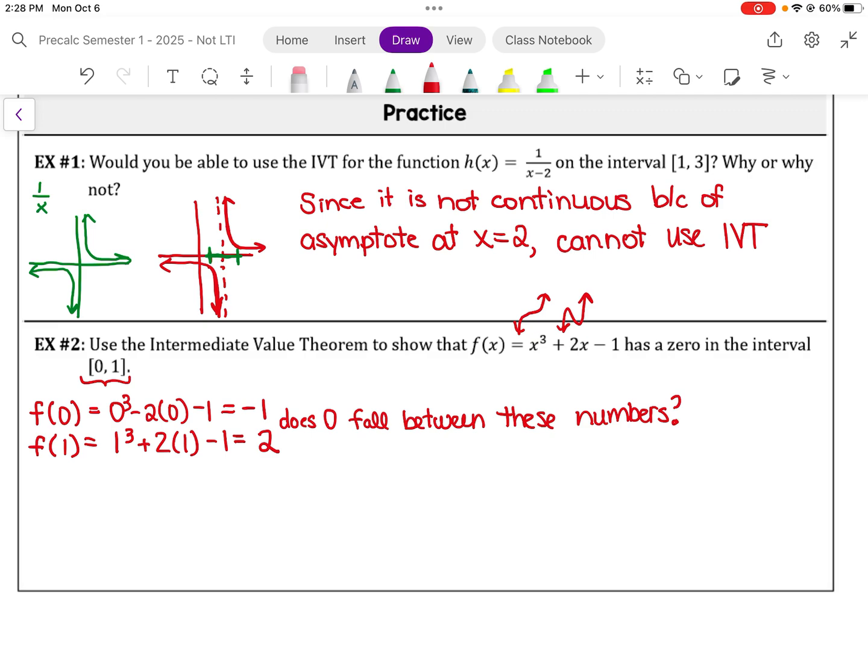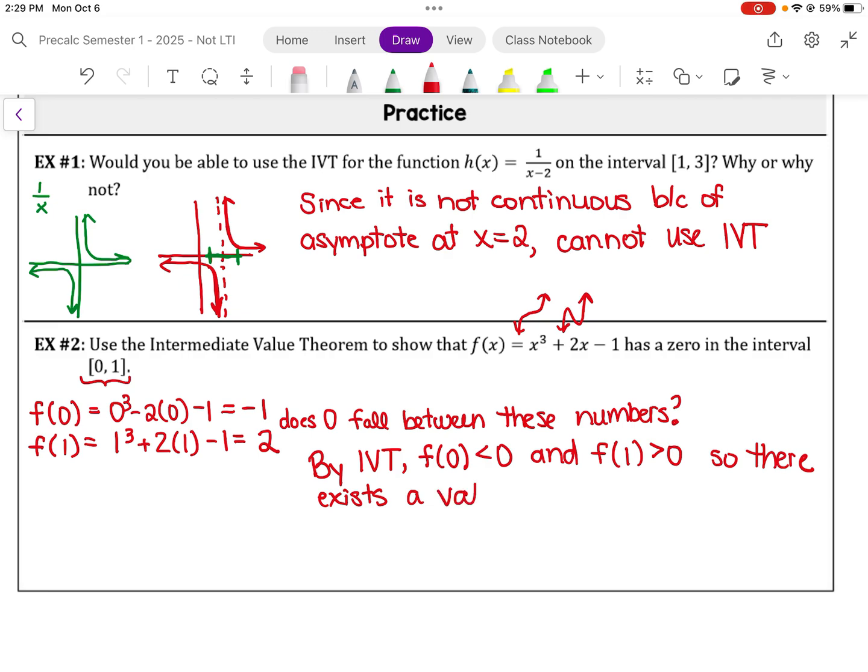so I'm going to write some fancy sentence here in math terms. By IVT, f of 0 is less than 0, and f of 1 is greater than 0. So there exists a value x equals c such that f of c equals 0.